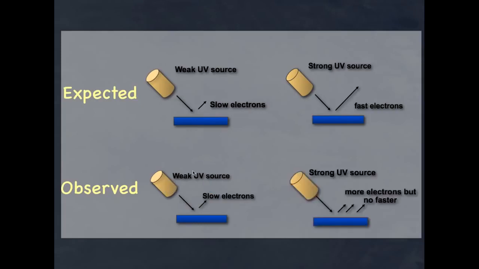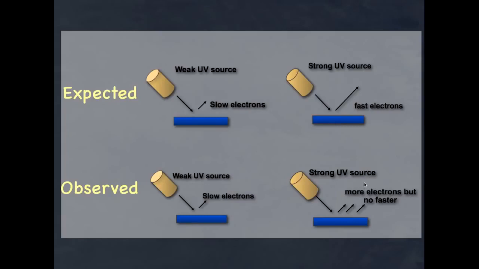What he observed was that when he increased the intensity of the UV light, there were more electrons released, but they were no faster. That's really odd, because he was expecting that if you fire more energy at the substance, surely some of that energy would be converted into kinetic energy of the electrons. But that's not what happened.